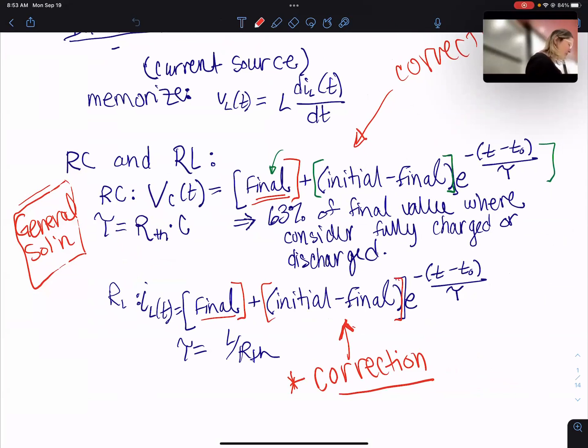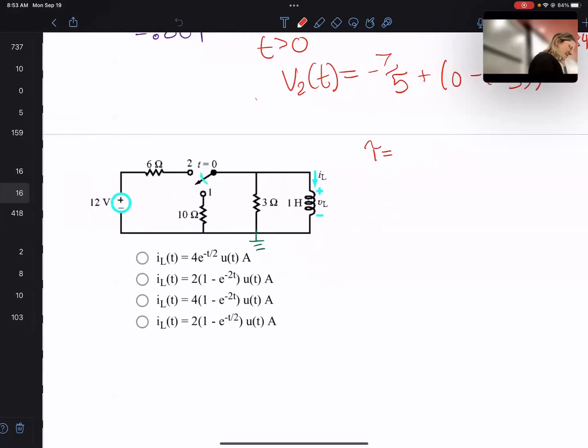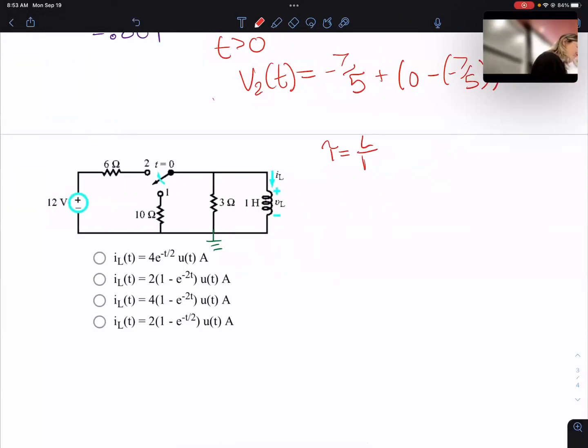L over RTH. And then it's going to be the same. You're going to find IL of t. It's going to be the final value plus initial minus final, e to the minus t over tau.